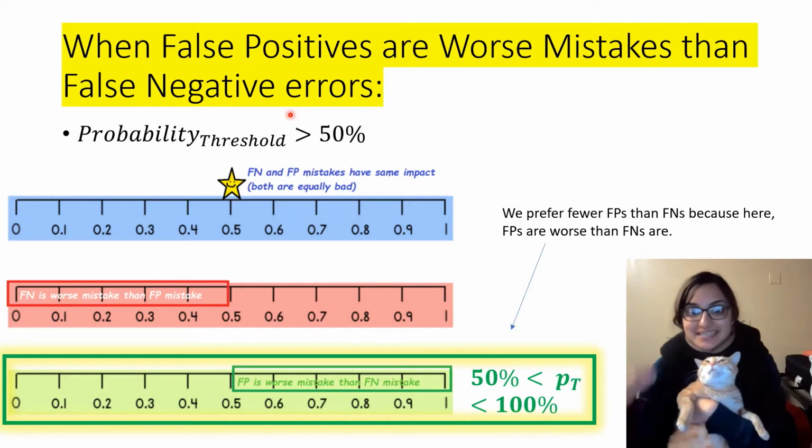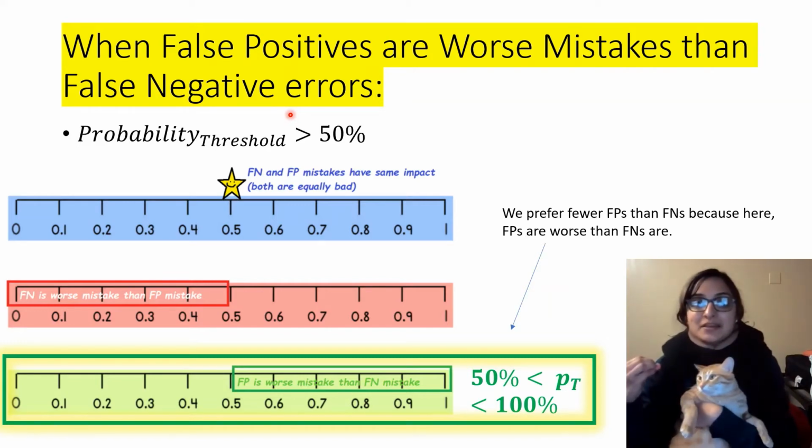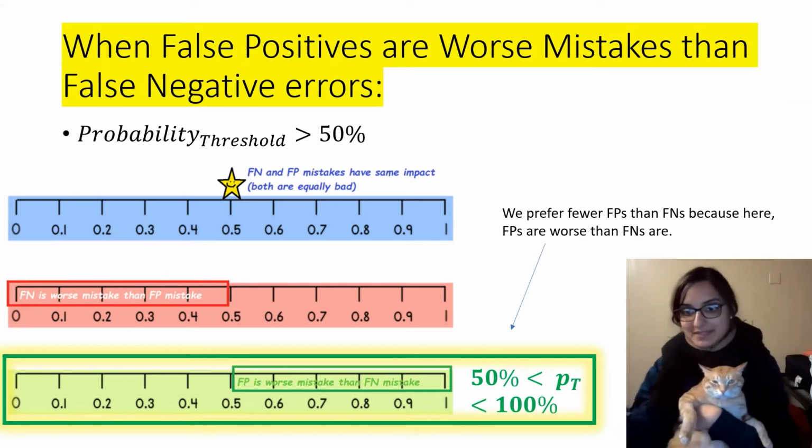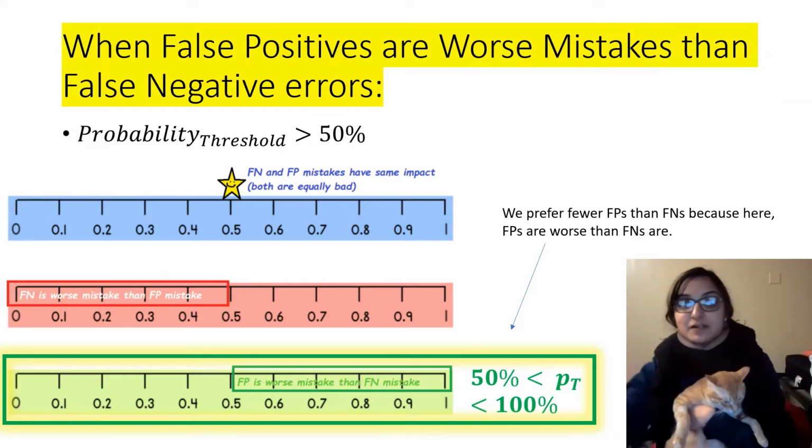So the clinician is going to always want to minimize the false positives, even by having more false negatives, by assigning more people to the negative class, even if that raises the false negatives, because false positives are worse mistakes to the clinicians or to the people here.